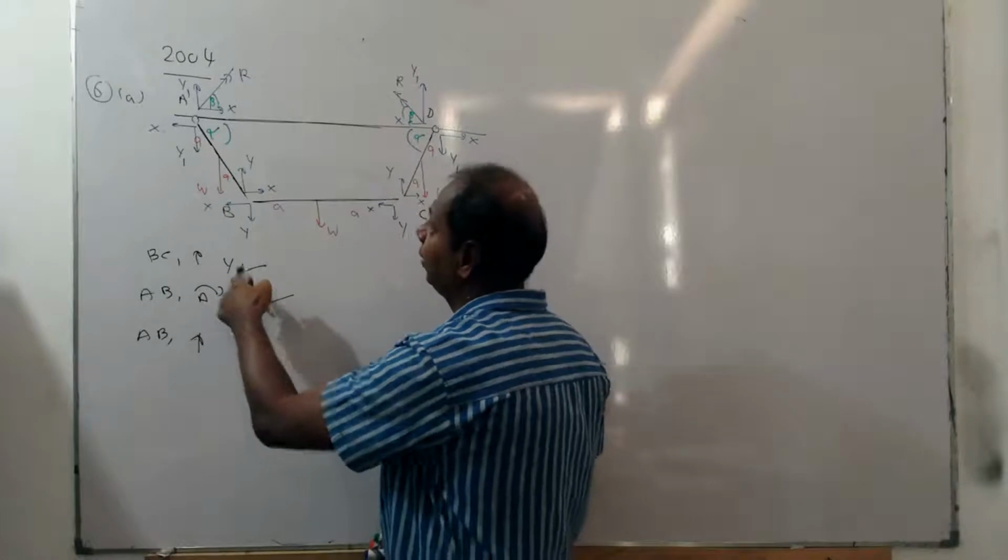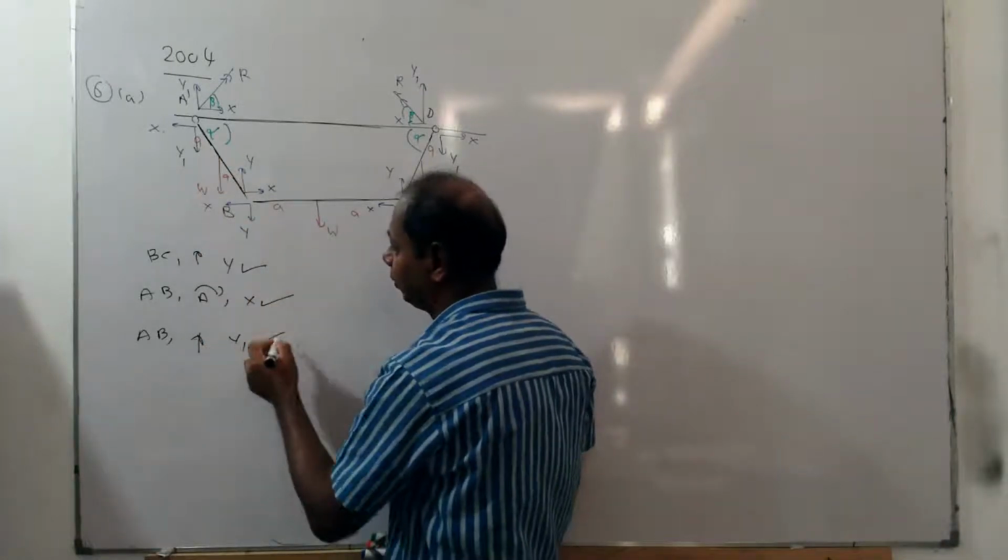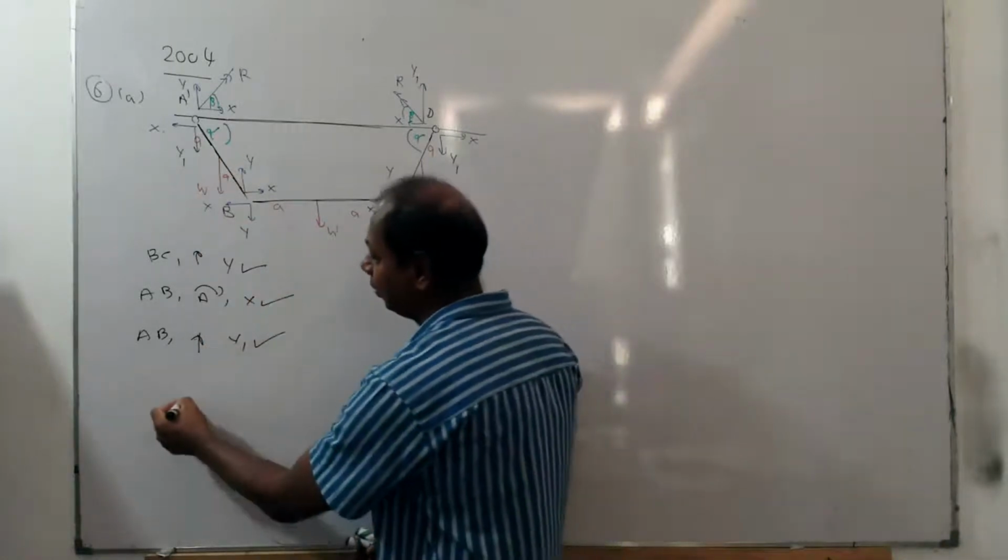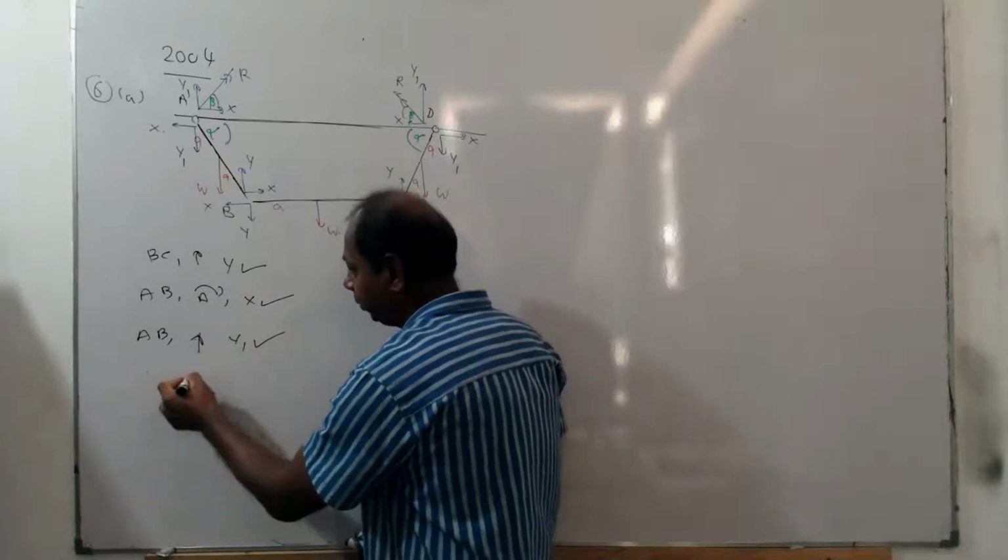Since you know Y, you can find Y1. Knowing X and Y1, you can find tan beta.